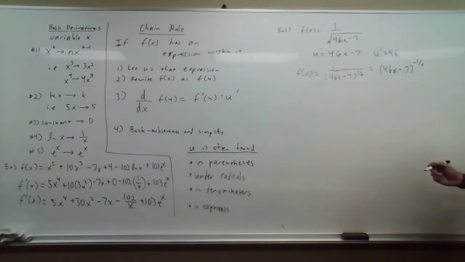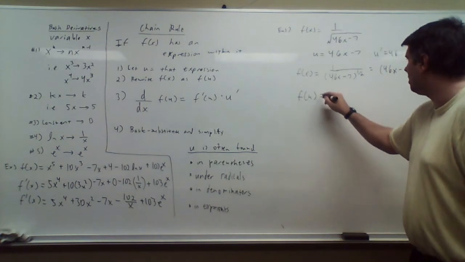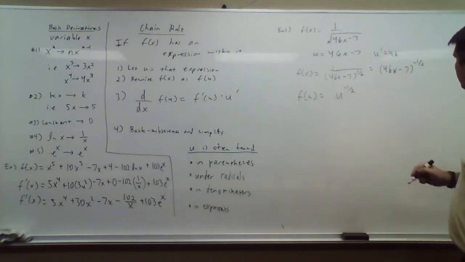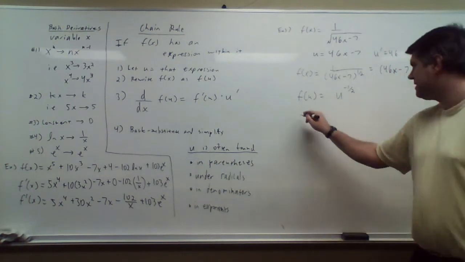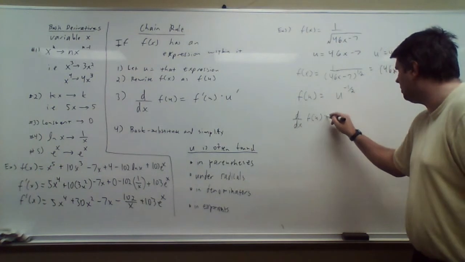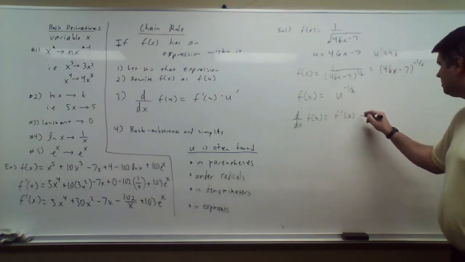Okay? That's using the rules of exponents. So what that means is f of u could be written as u to the negative 1/2 power. So, d/dx of f of u would be equivalent to f prime of u times u prime.